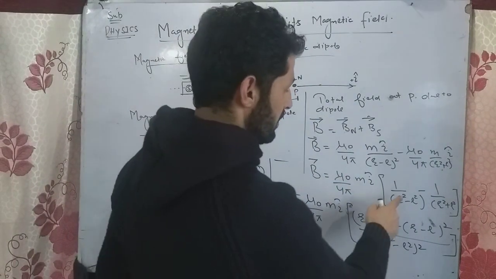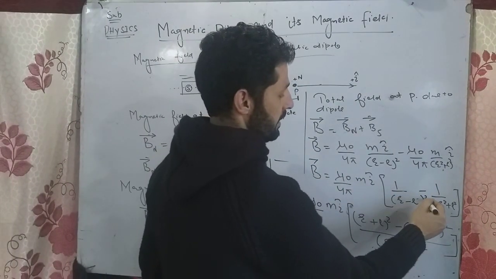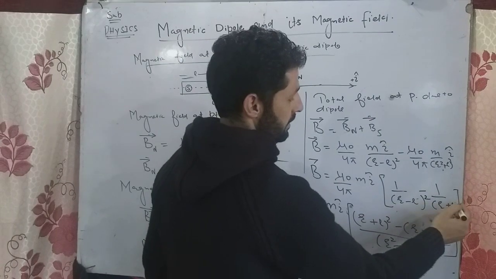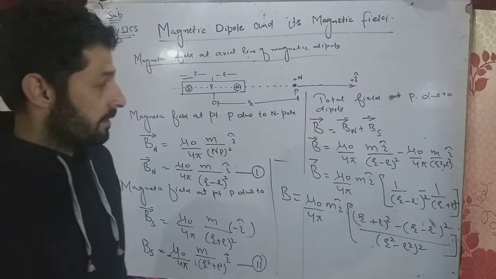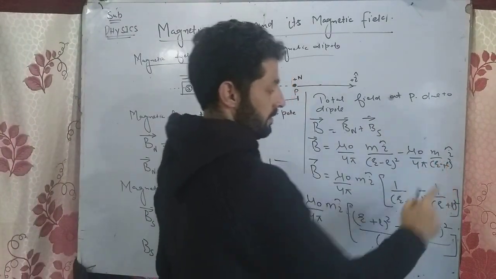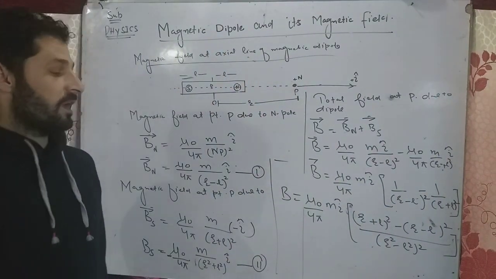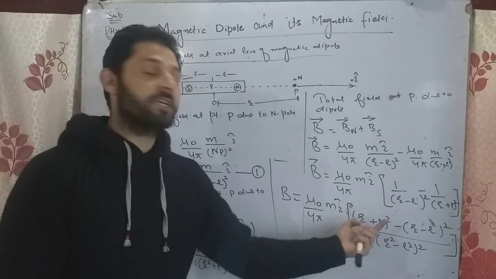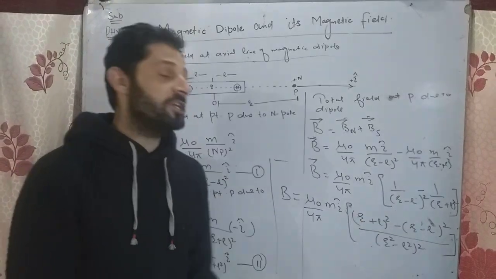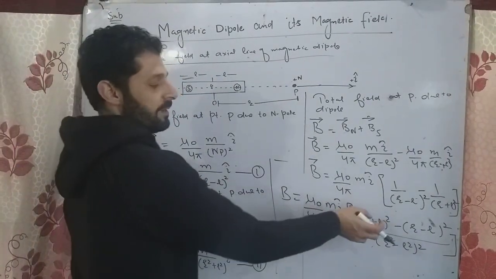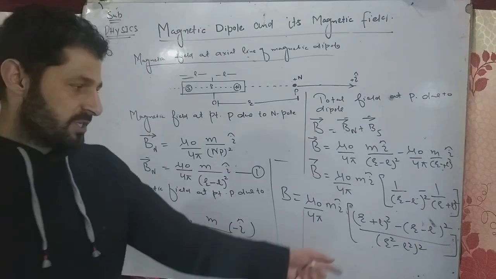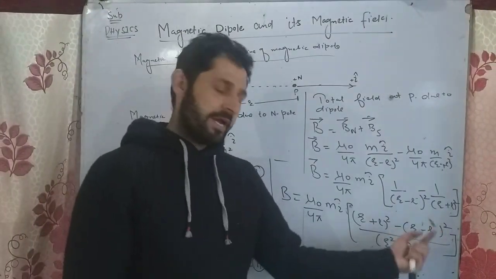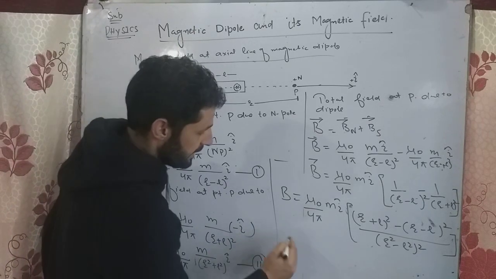Oh, I'm sorry, it's not R square L square, it's whole square. So here now R plus L whole square minus R minus L whole square is 4RL. You can calculate it by using A square plus B square plus 2AB, A square plus B square minus 2AB, and you will get the result here.